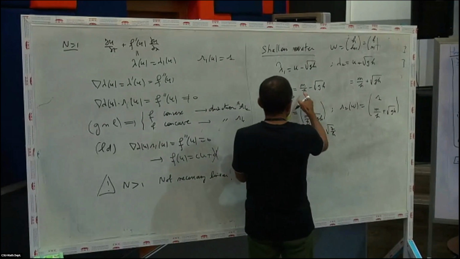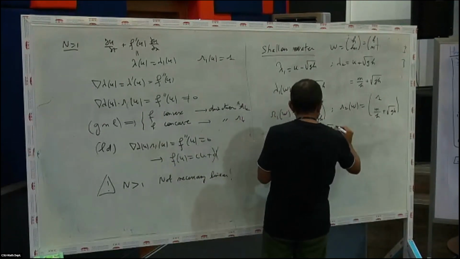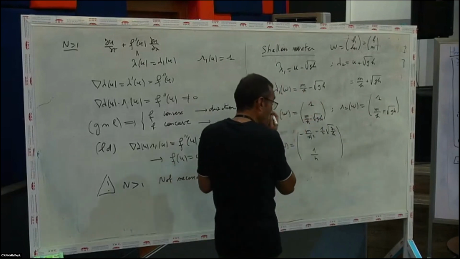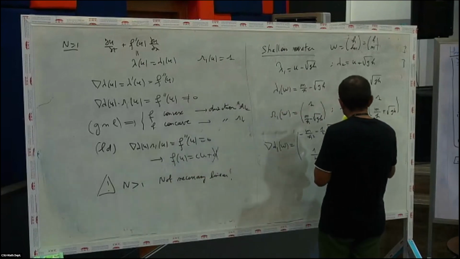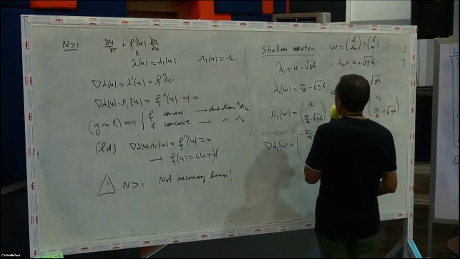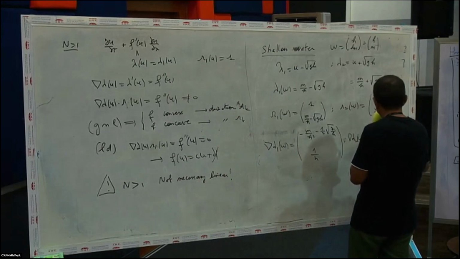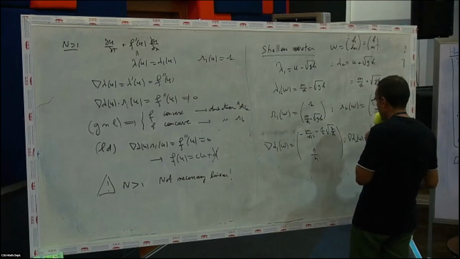Okay, and the derivative with respect to m is 1 over h. And the gradient of lambda 2 looks like plus, and 1 over h.